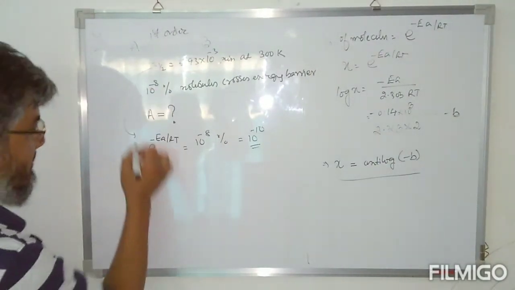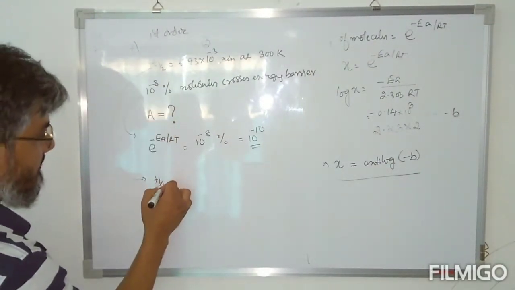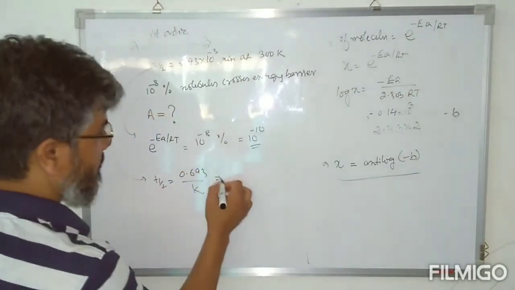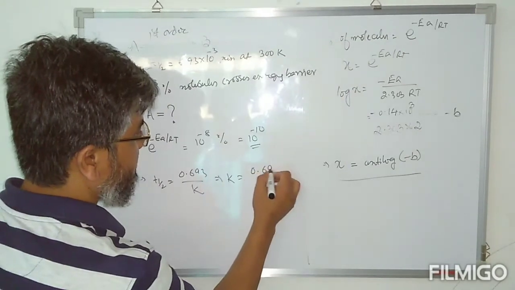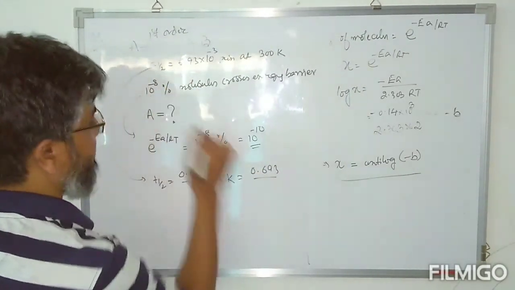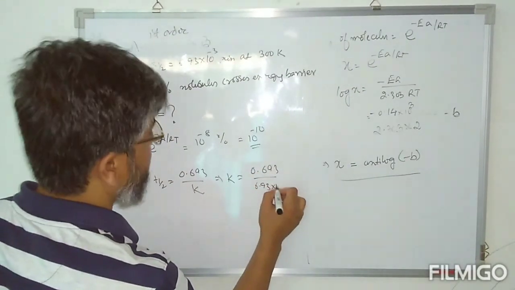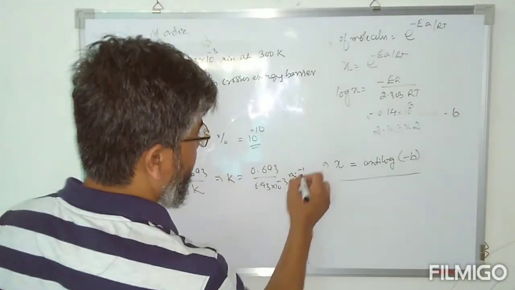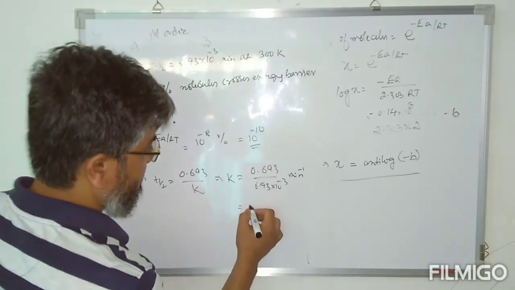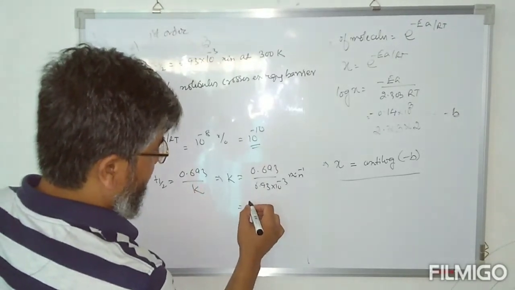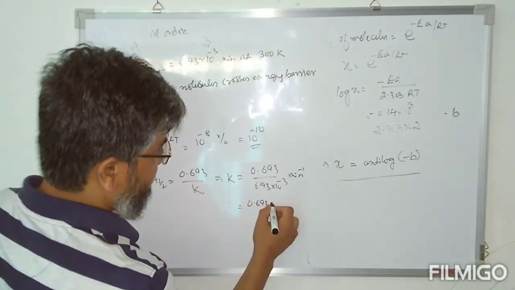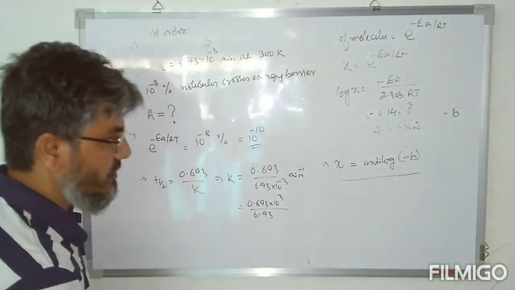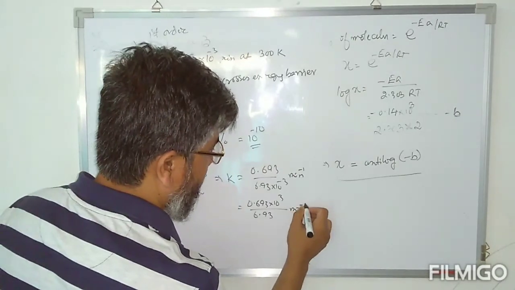For a first order reaction, half-life is equal to 0.693 by k. Therefore, k is equal to 0.693 by half-life. Half-life is 6.93 into 10 to the power minus 3 minute, so k comes out to be 0.693 into 10 to the power 3 divided by 6.93 minute inverse.